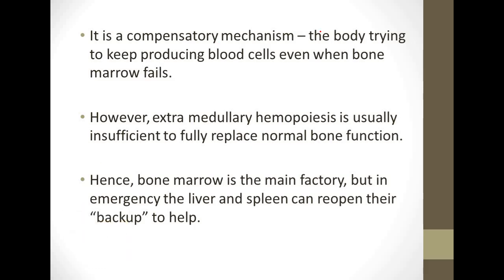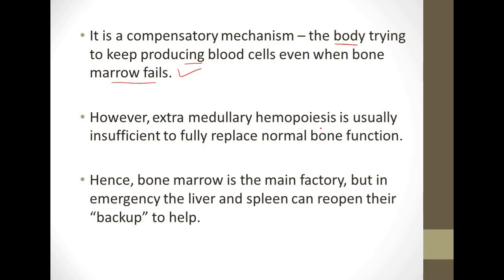Okay, the body tries to keep producing blood cells even when bone marrow fails. When bone marrow becomes dysfunctional, or some cancer or pathological condition occurs where bone marrow is not active enough to produce a sufficient amount of blood, at that time the spleen and liver act as compensatory organs to replace that amount of blood.